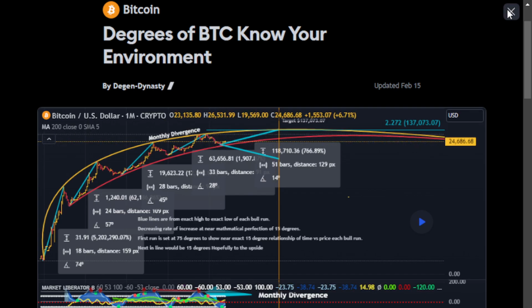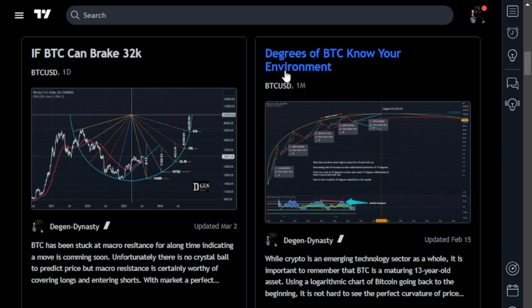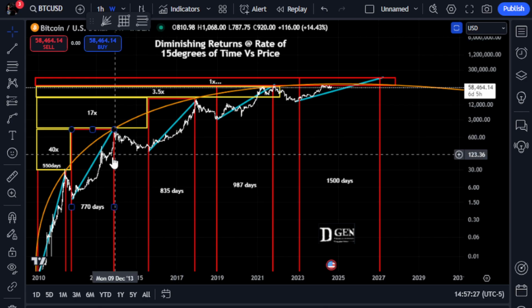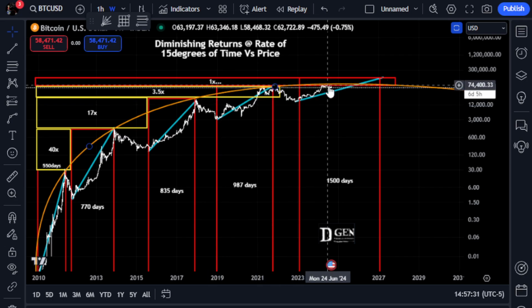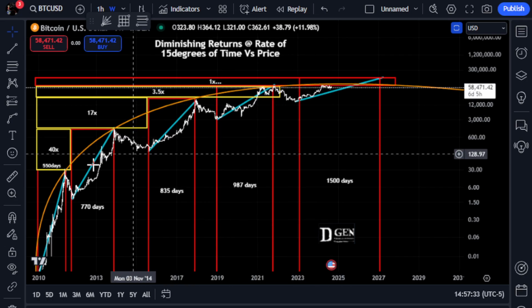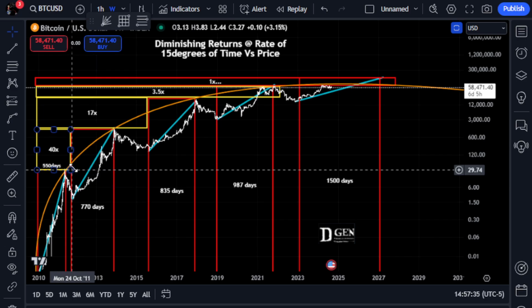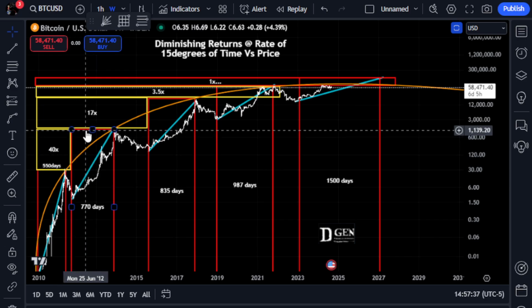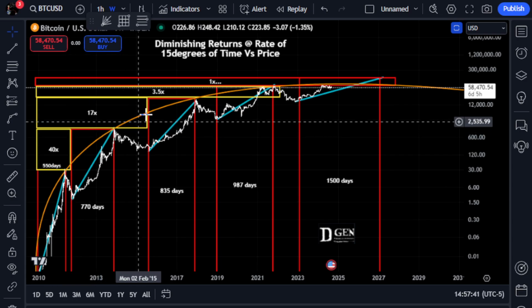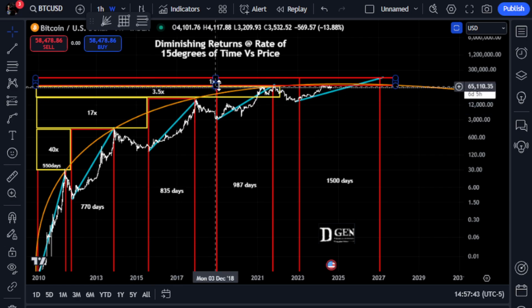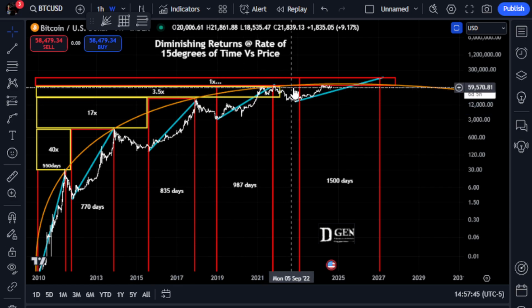So when I say know your environment, that doesn't mean that Bitcoin can't go higher, but it definitely means that it is diminishing seriously and drastically in its rate of returns. And by that I mean it is gaining less per bull run and taking longer per bull run to make significantly less gains from run to run.